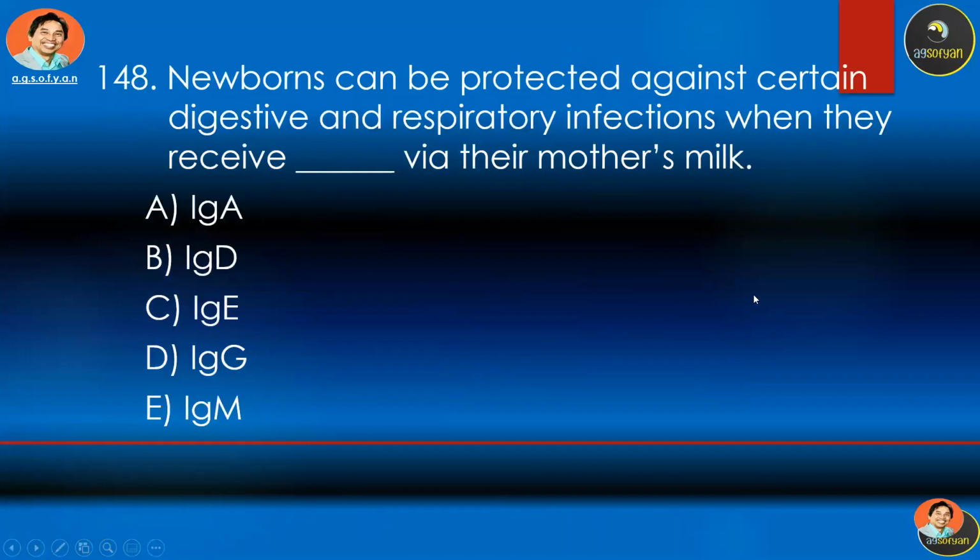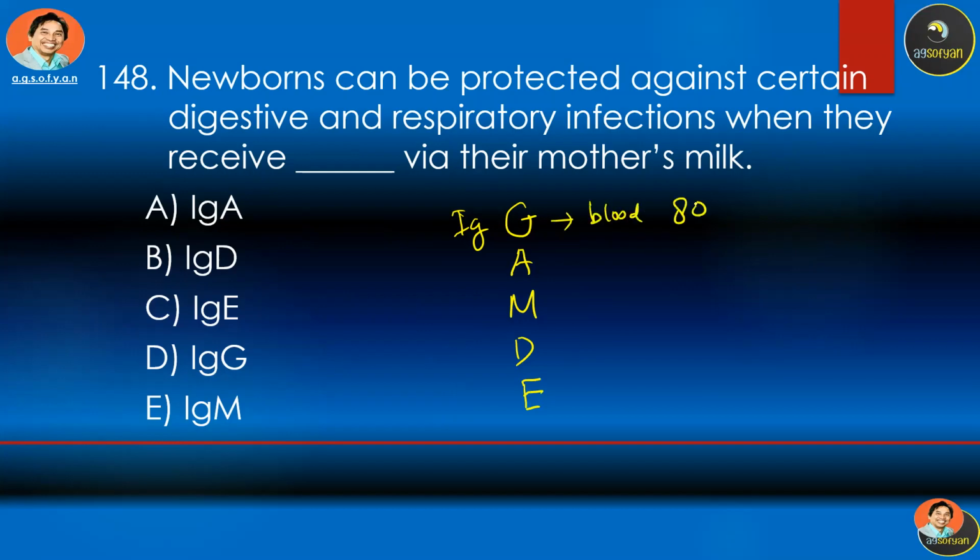Newborns can be protected against certain digestive and respiratory infections when they receive blank via their mother's milk. Now you have to know the distribution of these antibodies. From the most abundant one is G, right? IgG, and then IgA, M, D, E. IgG is mostly in the blood circulation, 80%.